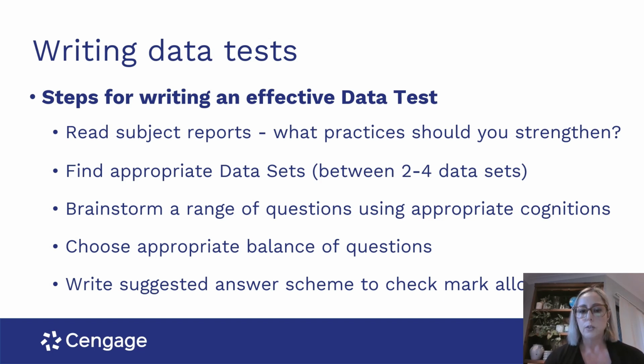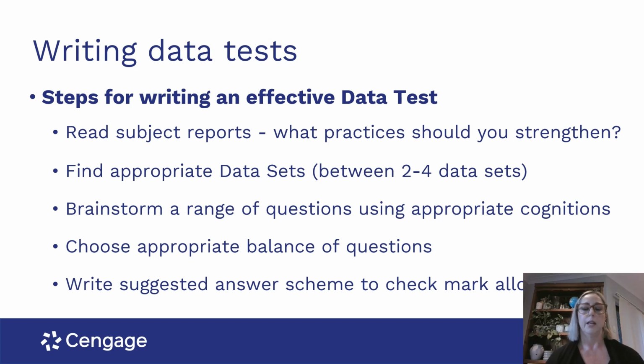So once you've chosen some data sets, I generally set 3 data sets per data test, but I will choose around 5 data sets to begin with, and then I'll brainstorm a whole range of questions. So I'll have each data set on a different document, and then I look at the cognitions that are required for the data test, and I will just sit and write a whole range of questions using those cognitions.